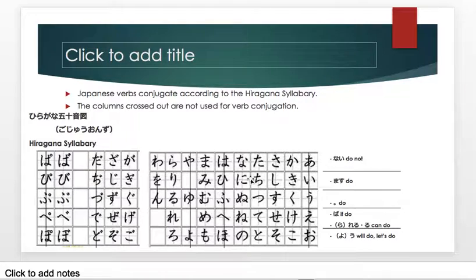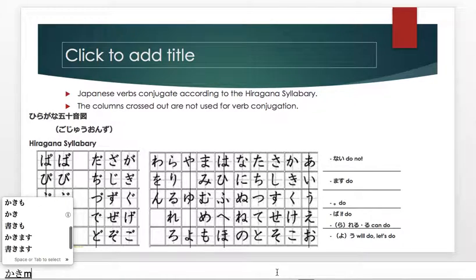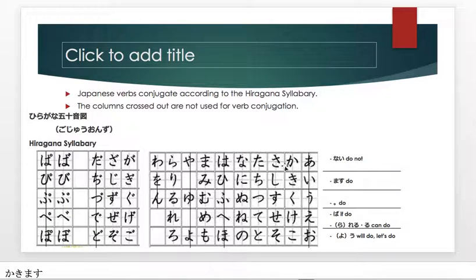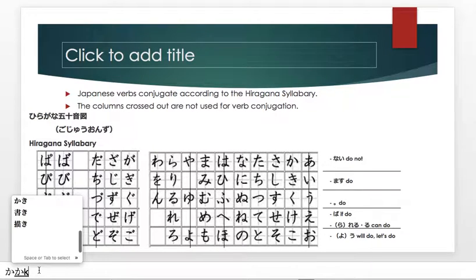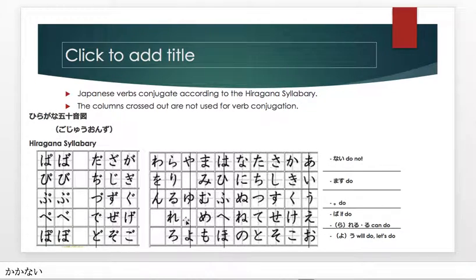Moving on. Now, if we have a look at this hiragana chart, you can see the pattern that verb conjugation takes. For example, if I were to go with kakimasu, which is to write, the character before mas is ki. We can find it here, ki. Plain form of kakimasu is kaku. Ku is here. Plain negative is kakanai. Kakanai, ka is here.